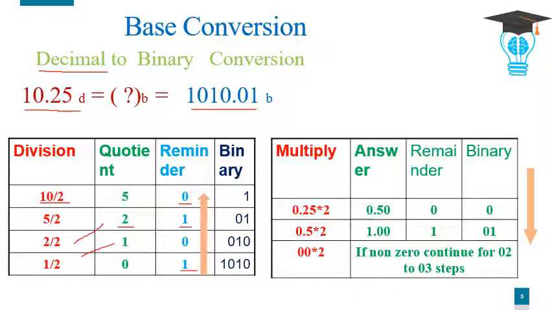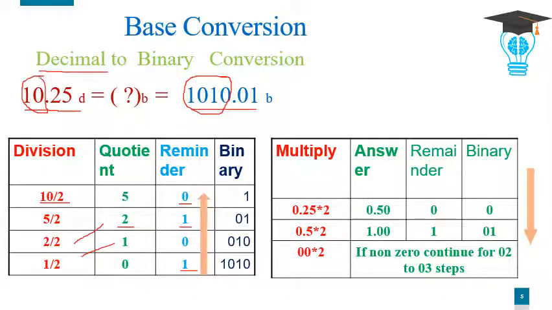Now whatever remainders I have got, I will write in a top down, bottom up approach. That is, my answer is 1010, which is the equivalent of 10 decimal.